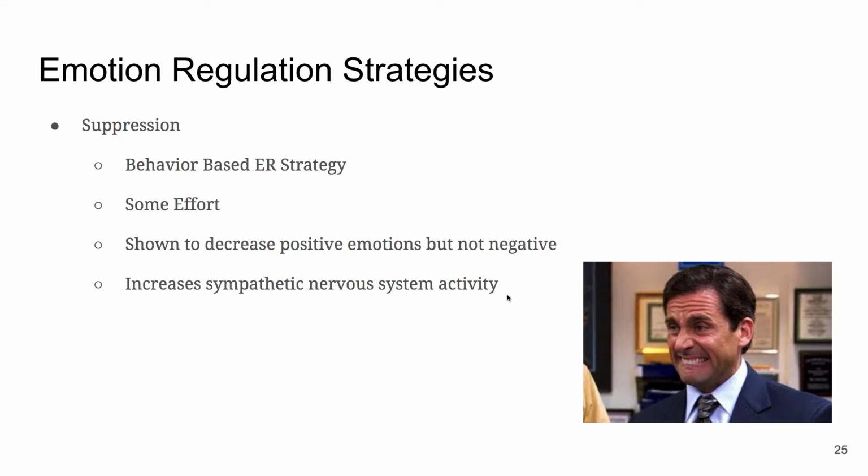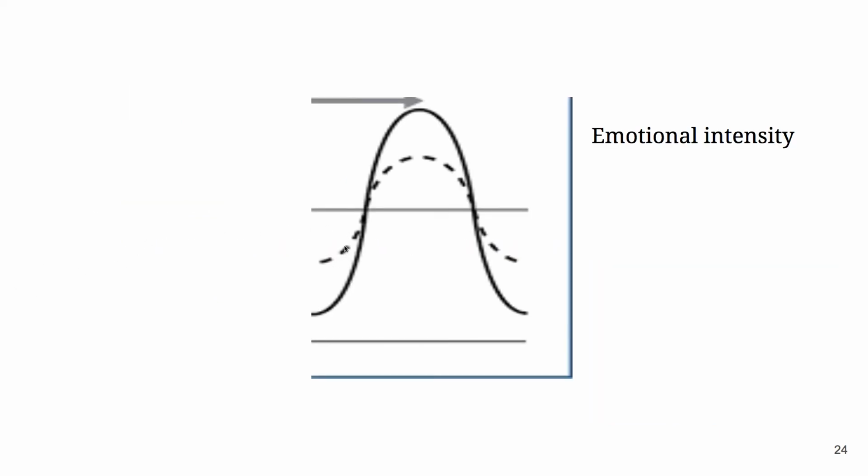Oops, let me go back. So if it's coming up over and over again, and I'm only using things like distraction, avoidance, or suppression, I'm always going to be here at an 8.